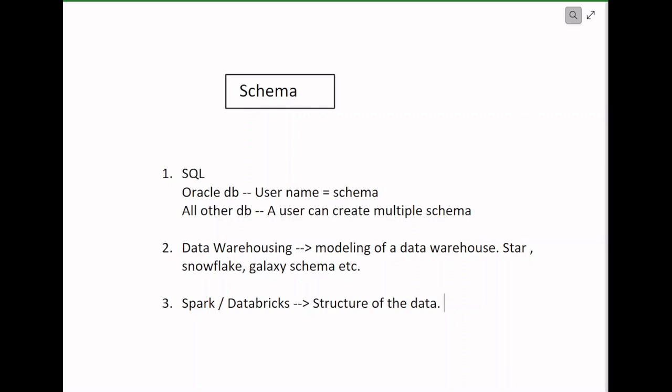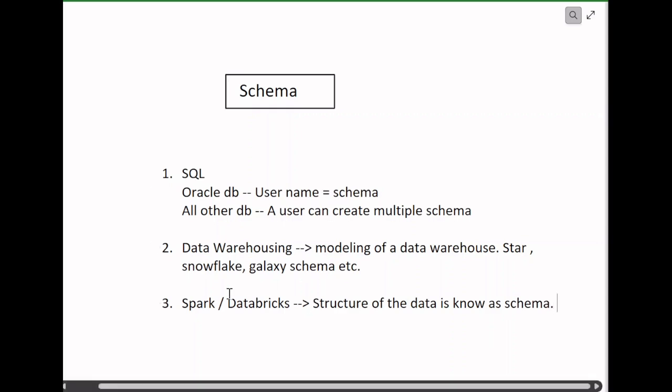So the structure of the data is known as the schema. Now you know the meaning of schema in different contexts. Now let's focus on the schema meaning in the SQL context.